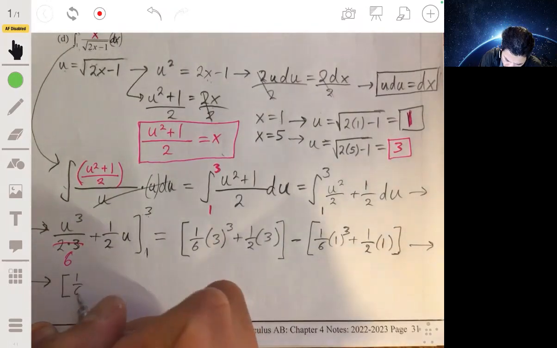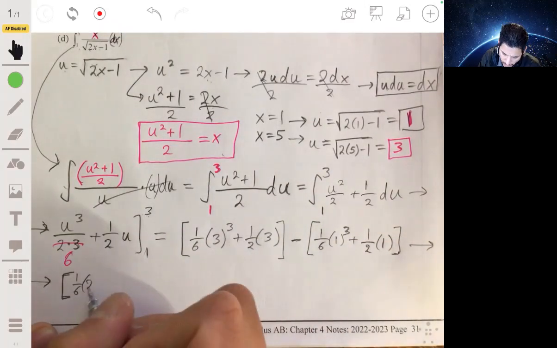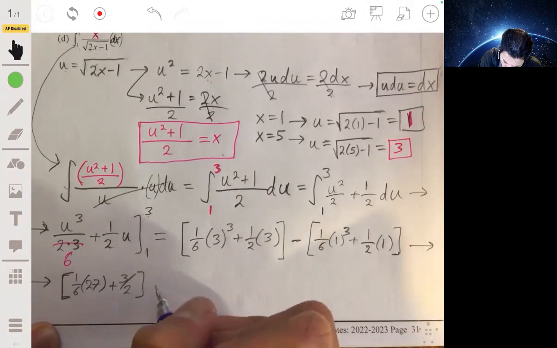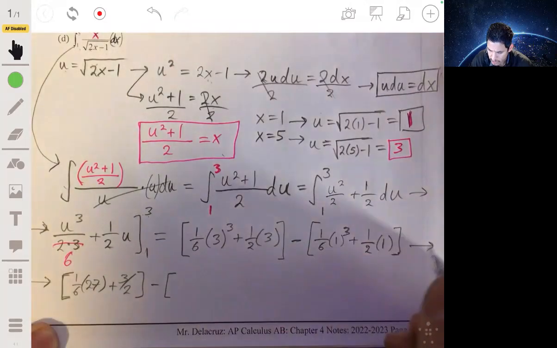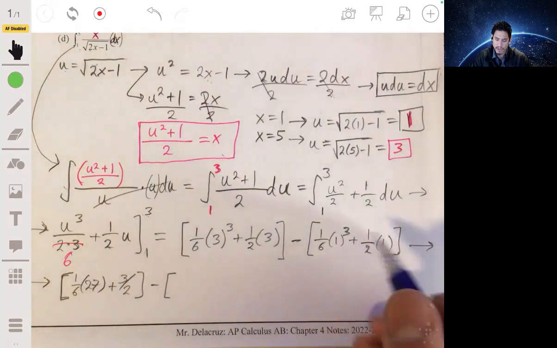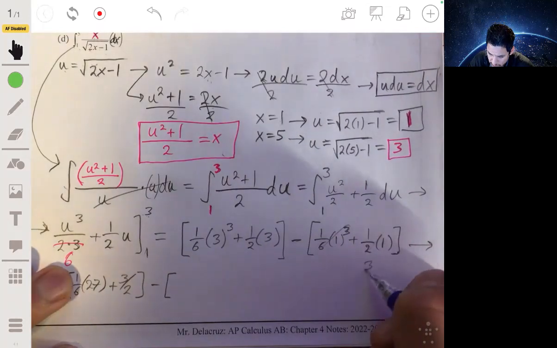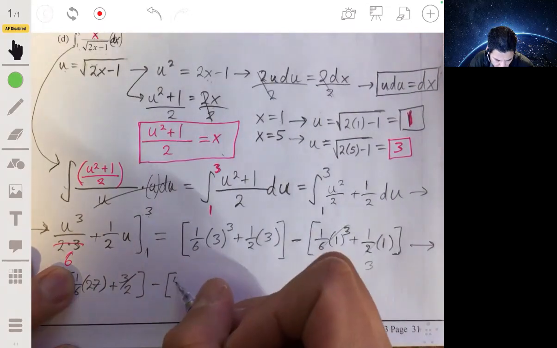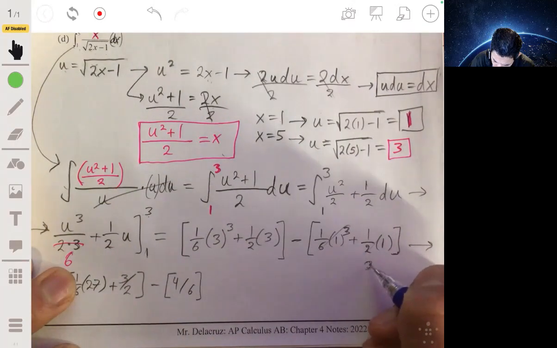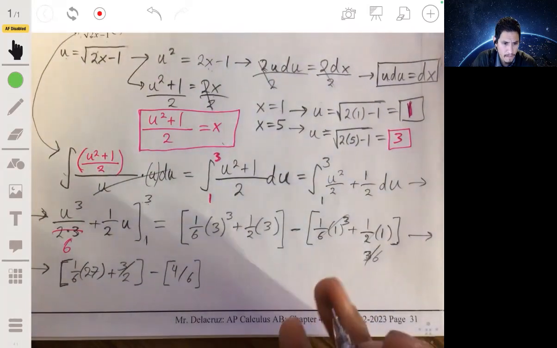So 1/6 times 3 cubed. So 1/6 times 27, plus 3/2, minus 1/6 plus 1/2. So 1/6 plus 1/2. This 1/2 will just be like 3/6. So 1/6 plus 3/6, that'll just be 4/6. Just working the algebra out.